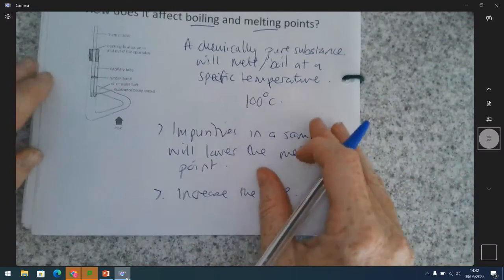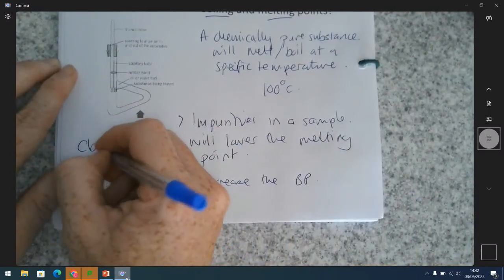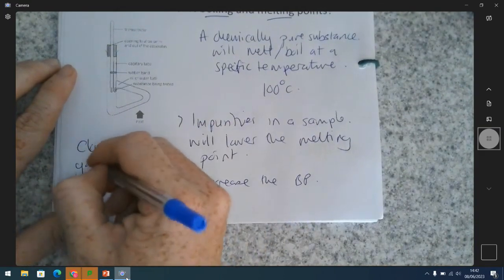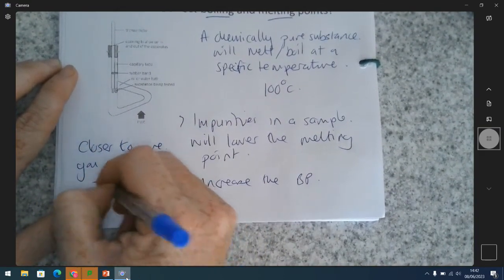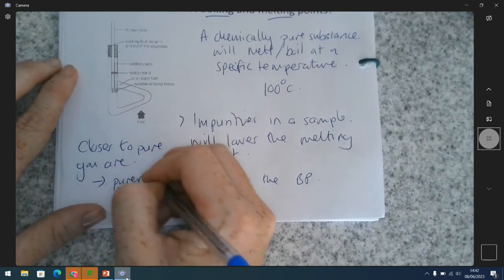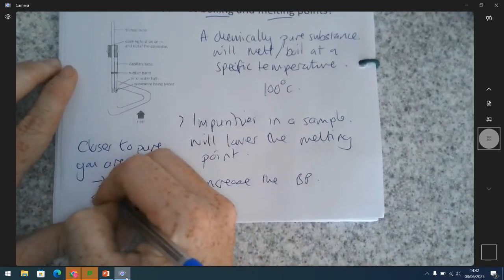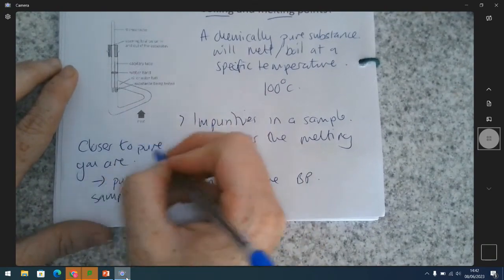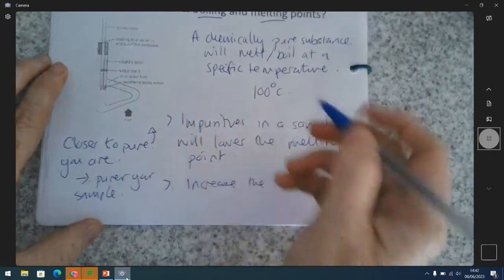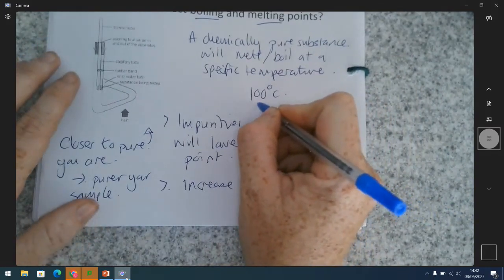Okay, so what am I trying to say with this? Basically, the closer to pure you are, the purer your sample will be. When I'm saying the closer to pure, what I mean is the closest to the boiling point. I know, for example, the boiling point of water is 100 degrees Celsius.